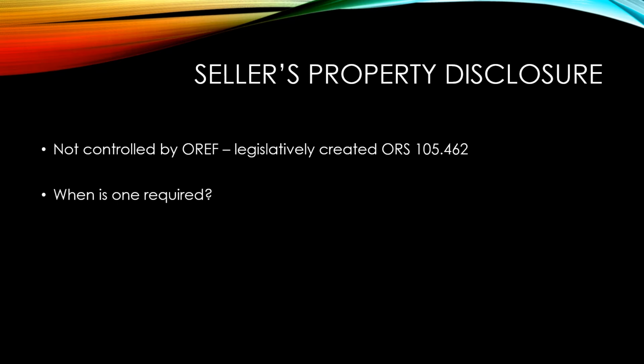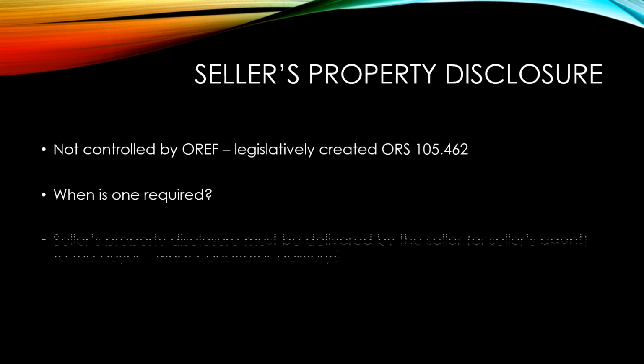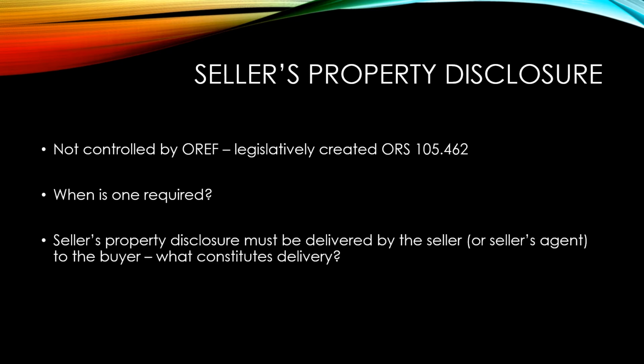When is a seller's property disclosure required? Normally I look for feedback from the class at this point, but it is required on all single family residential dwellings of 1 to 4 units. So if you're selling an apartment complex, it is not required and it doesn't apply.